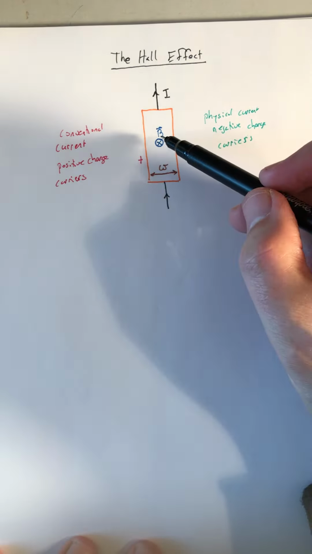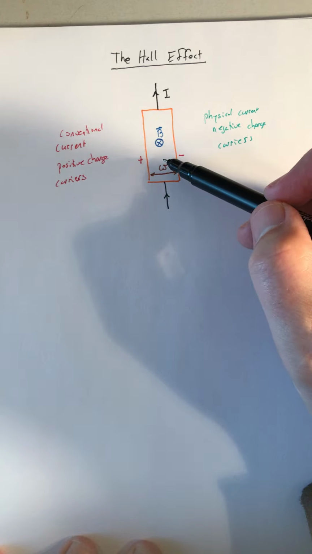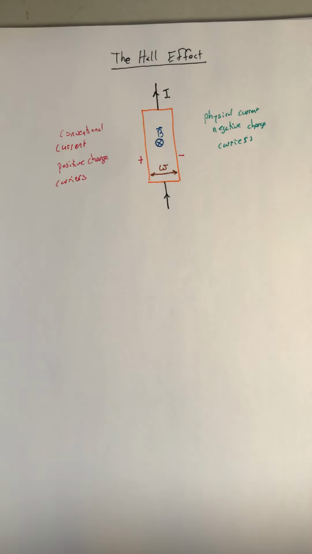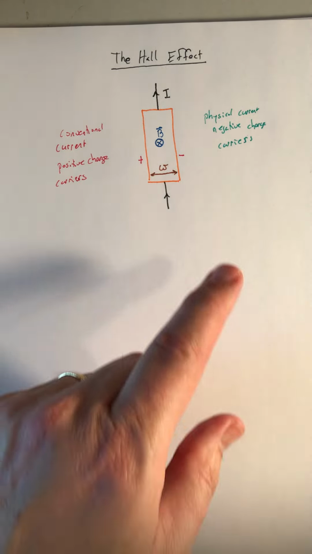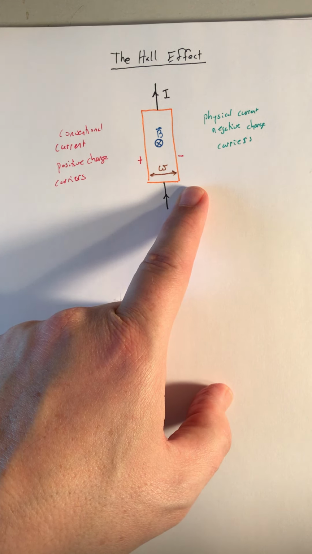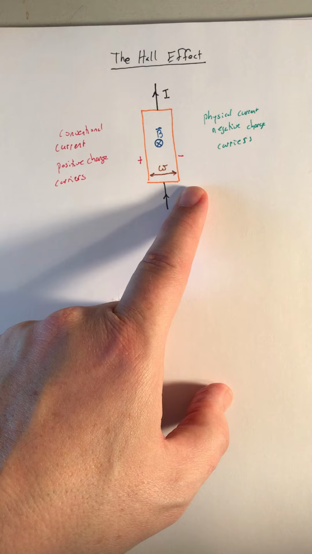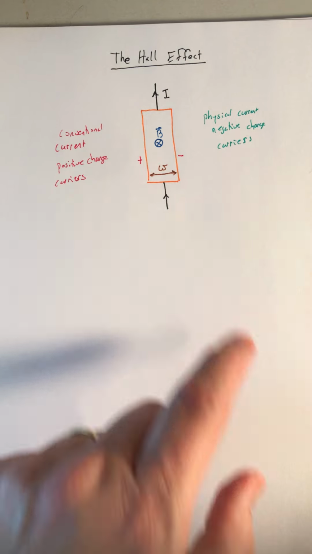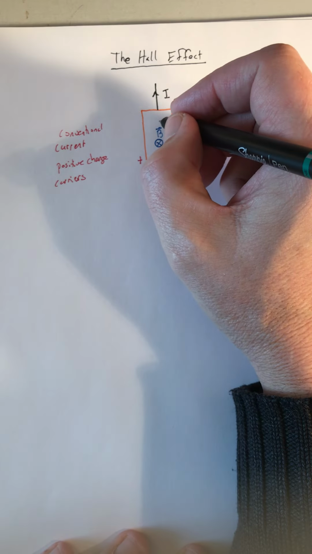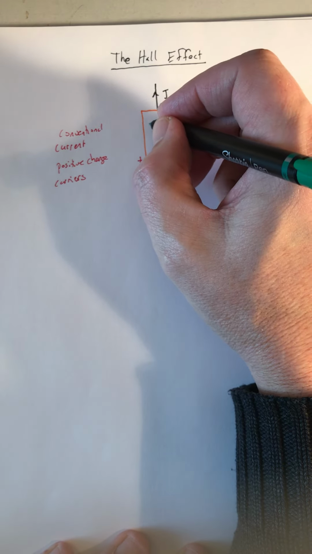So V cross B is going to point to the right side, right? But the magnetic force is in the opposite direction on negative charge carriers.